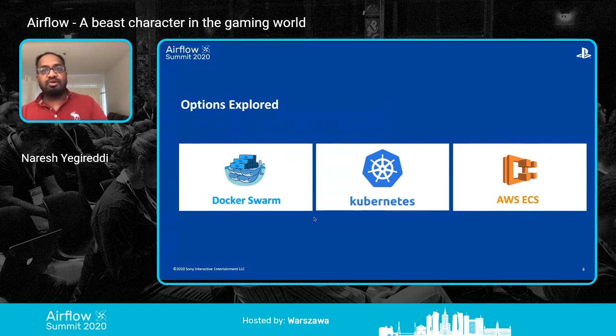Docker Swarm is nothing but a hub of Docker instances, where one Docker instance works as a master, and other Docker instances work as slaves. And in that hub, they are able to distribute the work among themselves. And Kubernetes, of course, is one of the most popular tools and frameworks. We explored that option as well, which is great.